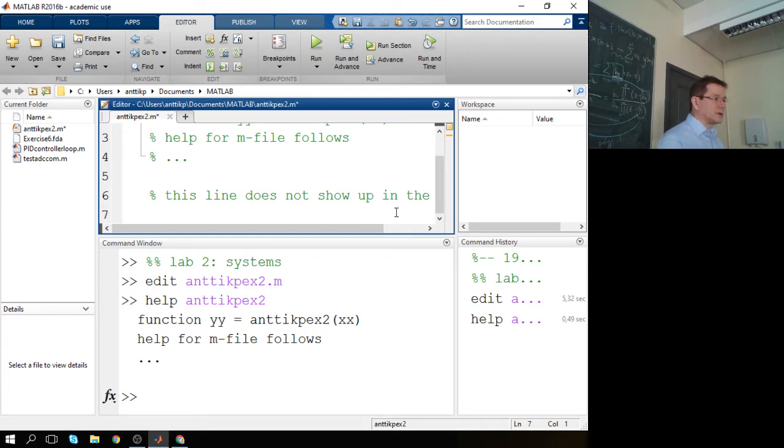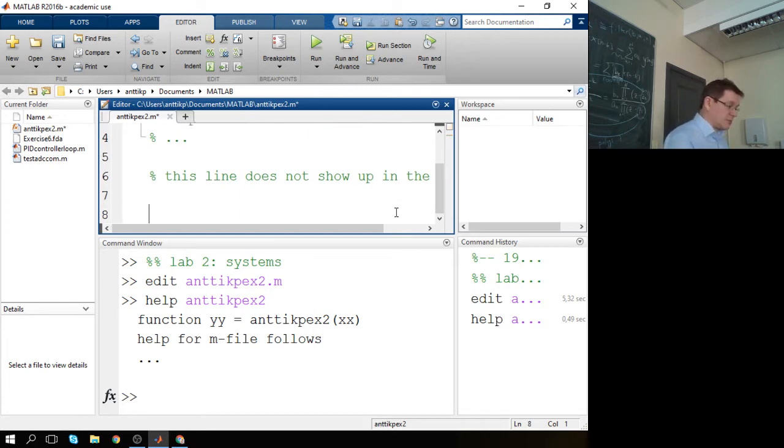Now I could, for example, make any calculations here, call any MATLAB functions, and then at some point you just need to return the output, meaning you just write y equals, for example, 2 times x. This is a good place to start.